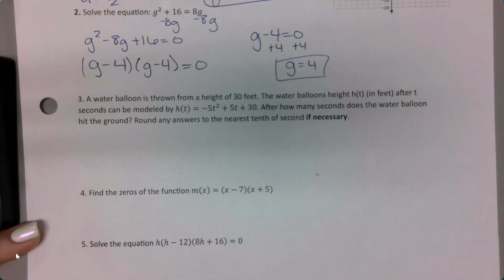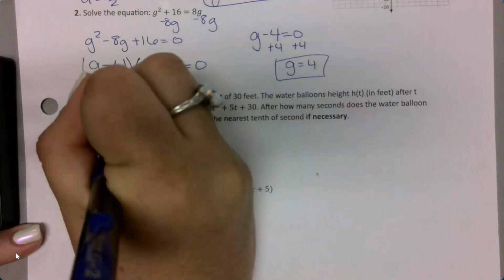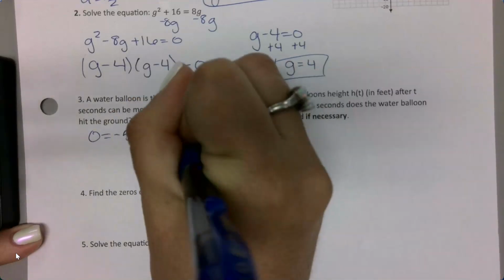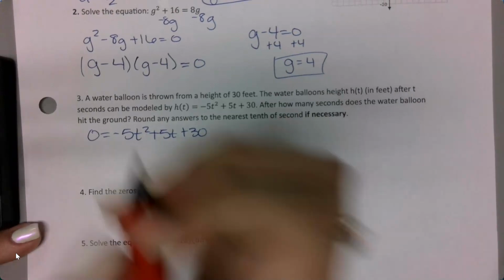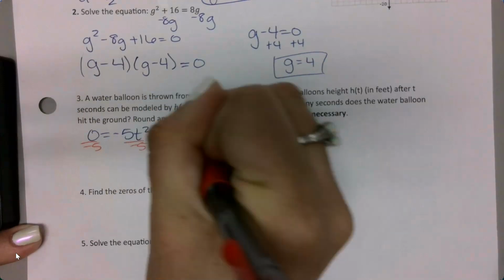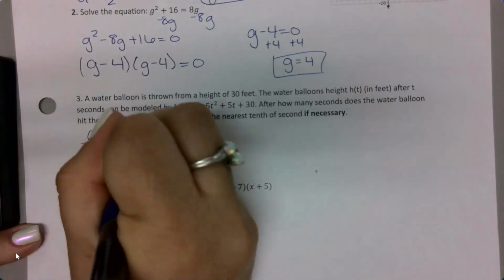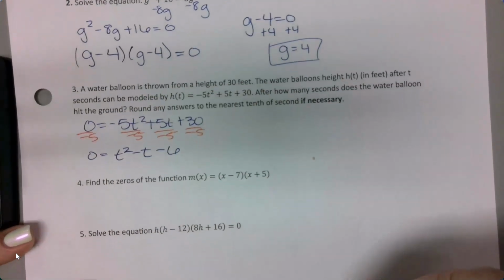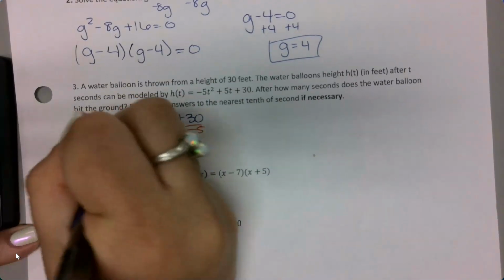So, I want to set this equal to 0. So I have -5t squared plus 5t plus 30. I want to go ahead and factor out my GCF, which I'm going to make -5 because I like working with positive quadratics. So everything gets divided by -5. That gets me 0 equals t squared minus t minus 6. Then I want to factor, so I want to see what multiplies to -6 and adds to -1.